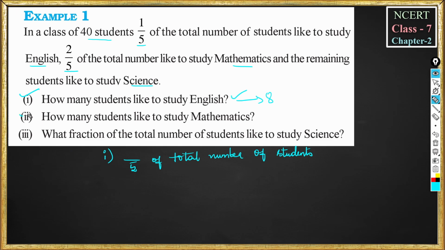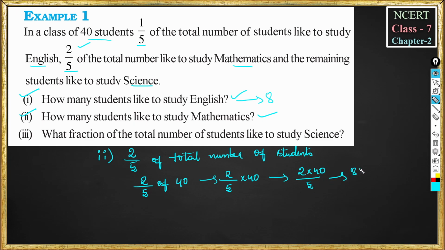Now we'll see problem number 2. Problem number 2 is how many students like to study mathematics. See, it is given 2/5 of the total number like to study mathematics. So 2/5 of the total number of students. So that is 2/5 of 40. This becomes 2/5 into 40. That is 2 into 40 by 5.